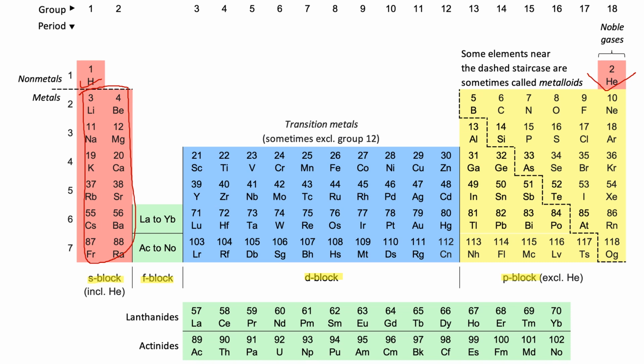Moving on to the F block. The F block includes two series, the lanthanide series and the actinide series. The lanthanide series includes some partly radioactive elements like lanthanum, cerium, praseodymium, neodymium, etc. Then we have the actinides, which are highly radioactive elements, for example thorium, uranium, plutonium, americium, etc. Then moving on to the D block.